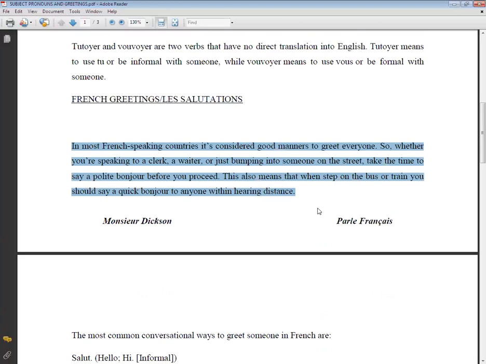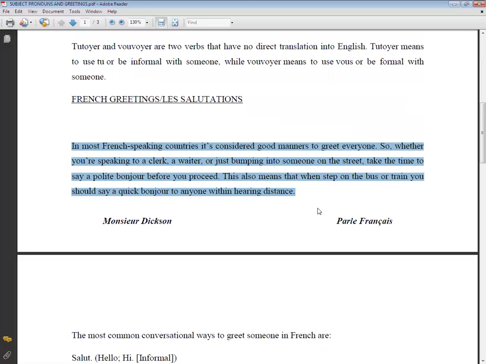In most French-speaking countries, it's considered good manners to greet everyone. So whether you're speaking to a clerk, a waiter, or bumping into someone on the street, take the time to say a polite bonjour before you proceed.